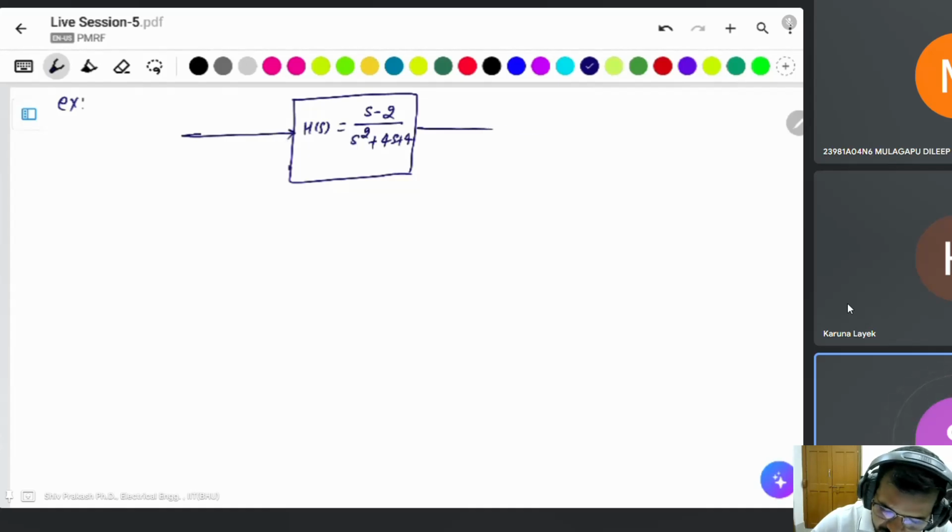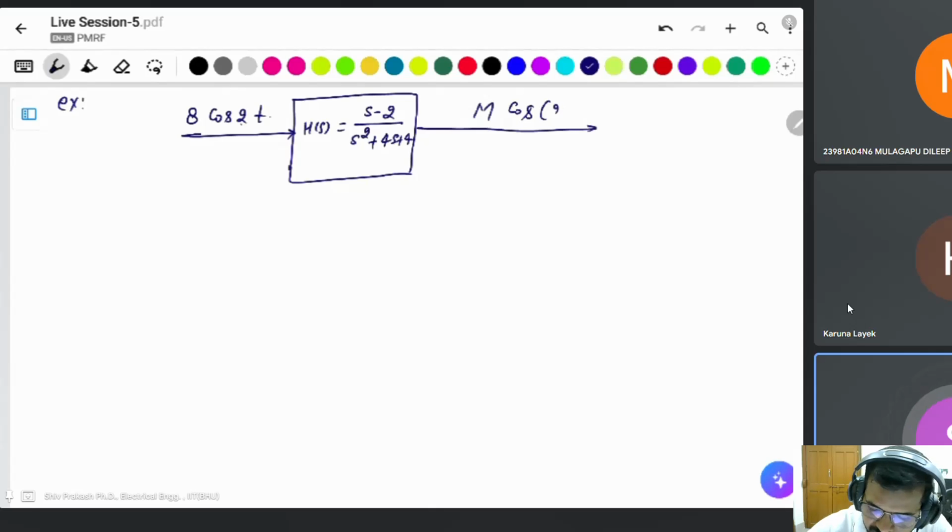We are asking about the output. Suppose the input is 8 cos 2t. Then the output will have some magnitude. If the input is cos, the output is also cos, with the same frequency plus some angle difference. Then you have to find the magnitude and angle.